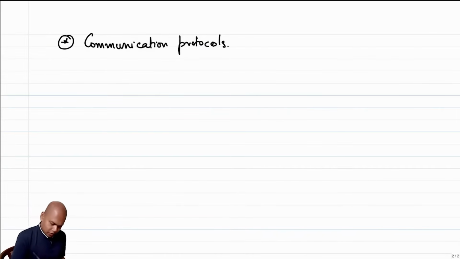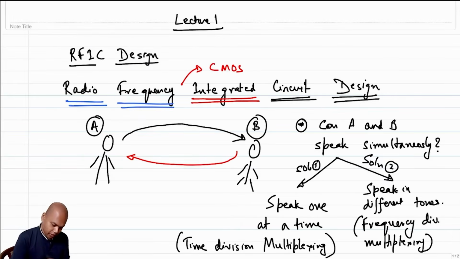Okay, fine. What is the next thing that we are going to learn about? If I go back again, let's take the example that the person A and the person B are not very closely located, right? Person A is probably sitting at one end of the class, person B at the other end of the classroom, or maybe at the other end of the field, and they are trying to communicate.